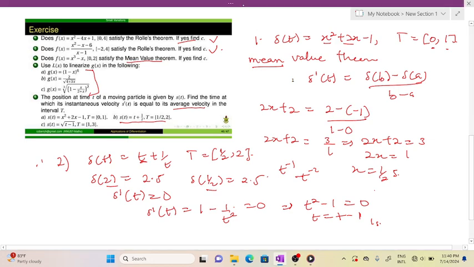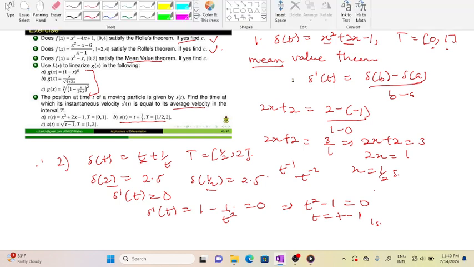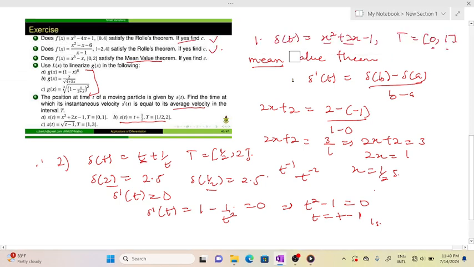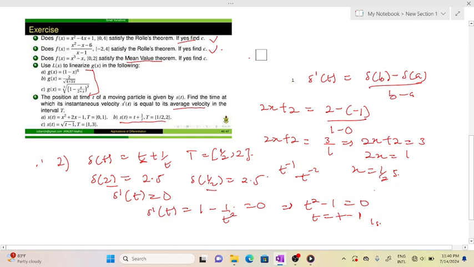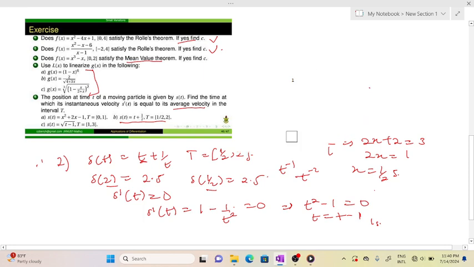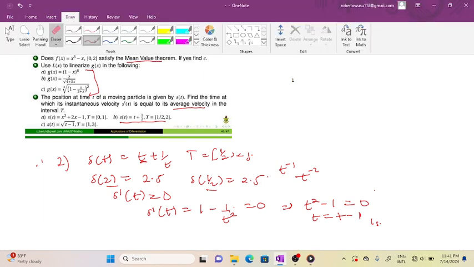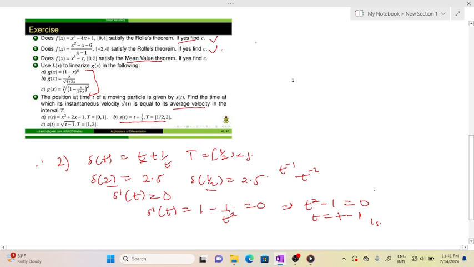Finally, let's take the last rate given here. How are we going to solve that? So I'm going to have s of t equal to square root of t minus 1, where t is from 1 to 3, right?